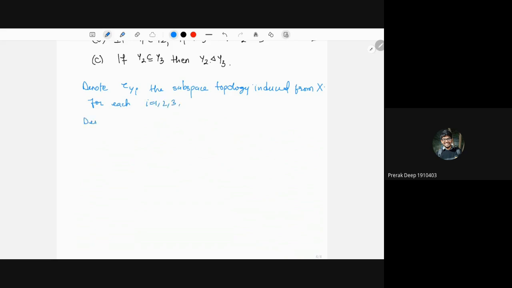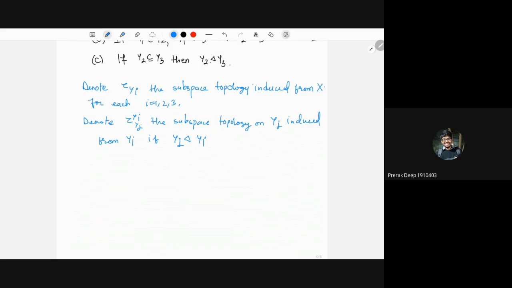And denote tau_Yj the subspace topology on Yj induced from Yi, if Yj is a triangle of Yi.